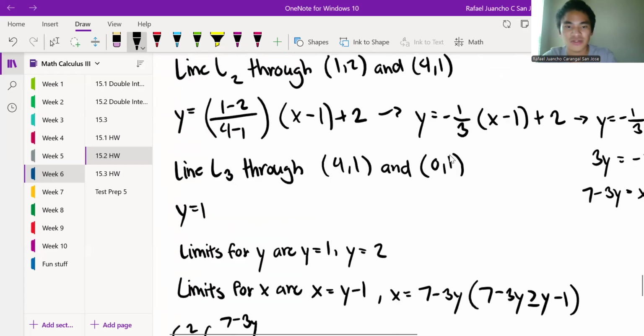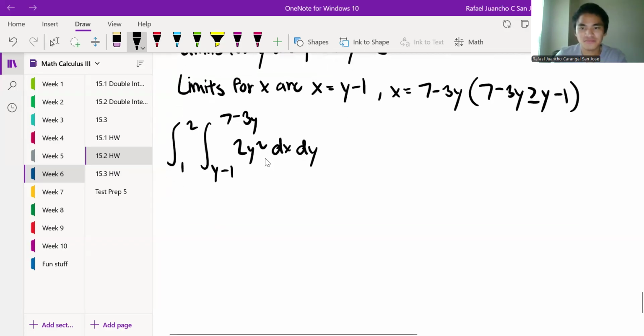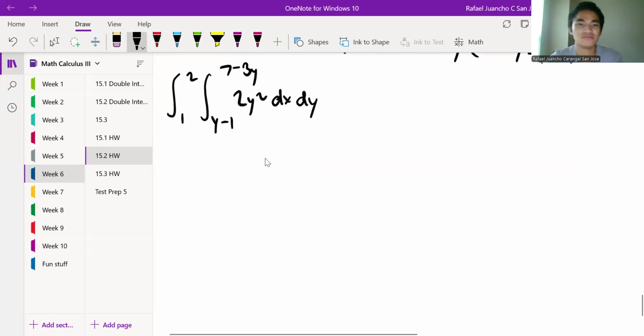My function is 2y squared. I integrate by y first. It looks like a y first integration thing. Or no, my x. Whoops. My x. Then my y. Yeah. And so I solved this integral, right?